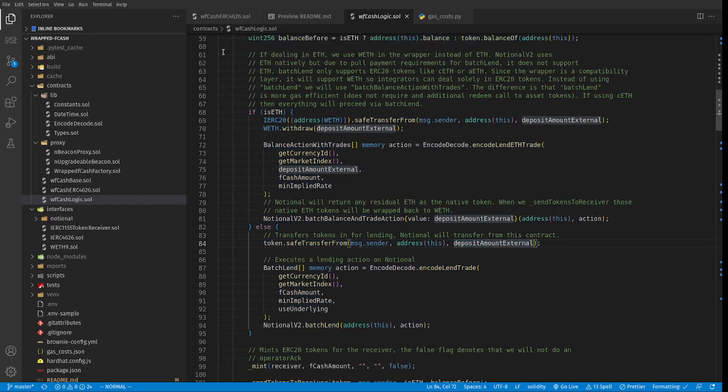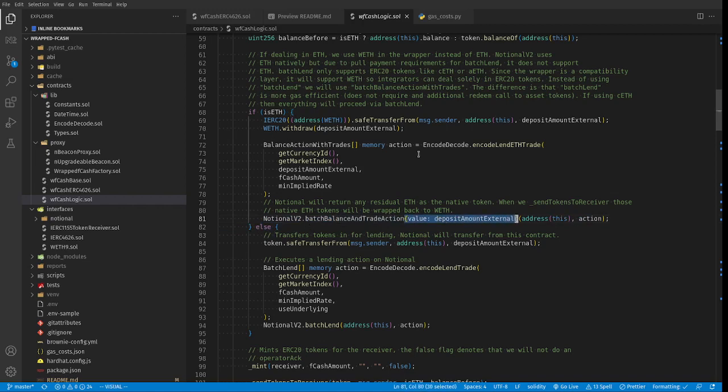So when we're dealing with ETH, there's some special handling for this. We're going to be transferring wrapped ETH in and then withdrawing all that wrapped ETH to ETH, and then we're going to call Notional v2 and send it ETH on a payable method.